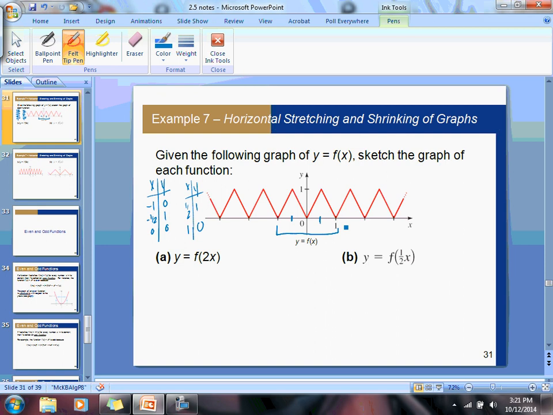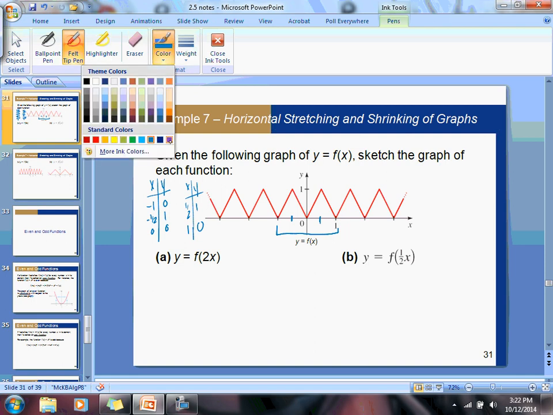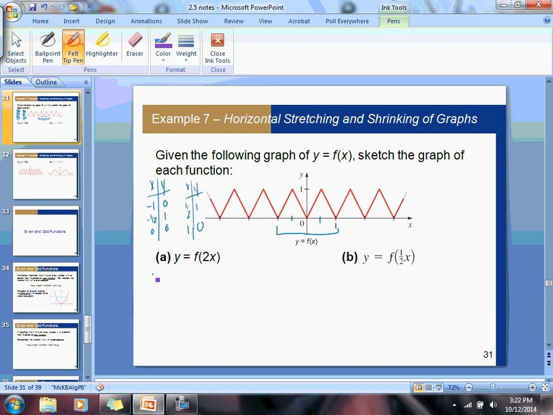And now we can construct our table of values for these new functions in part A and part B, and then we can graph those new functions as well, because the directions say to sketch the graphs of each of the following functions. So for this first function, for part A, I've got x and I've got y.